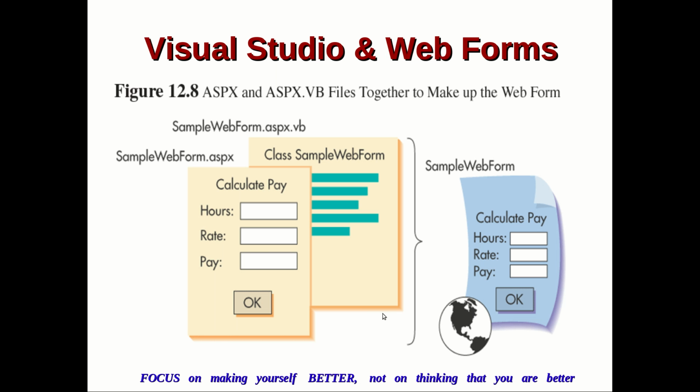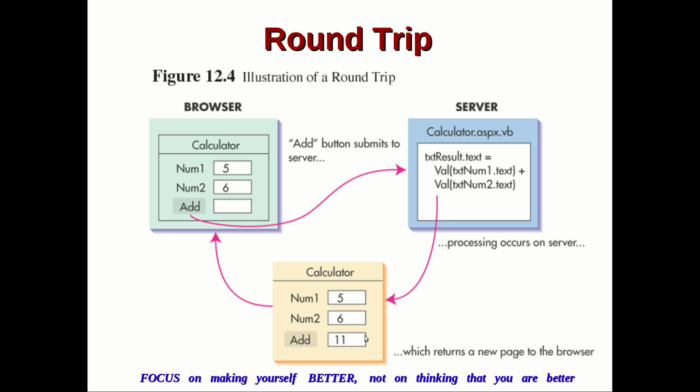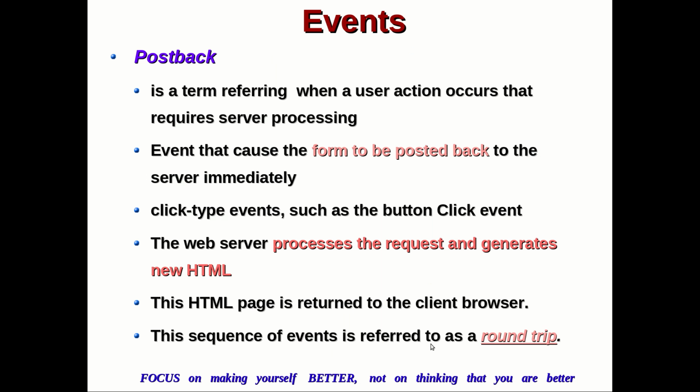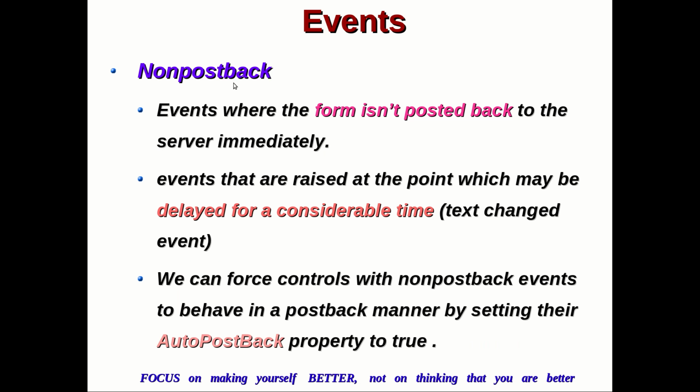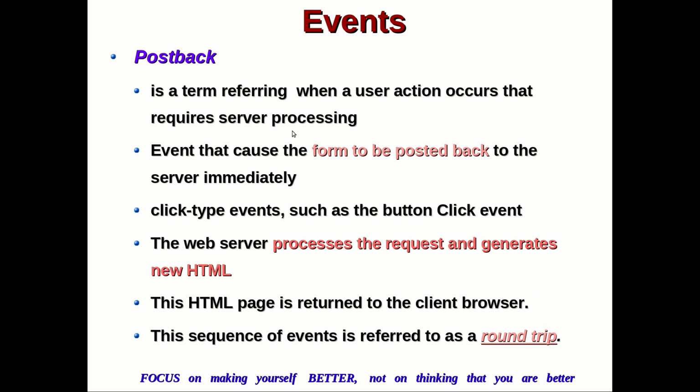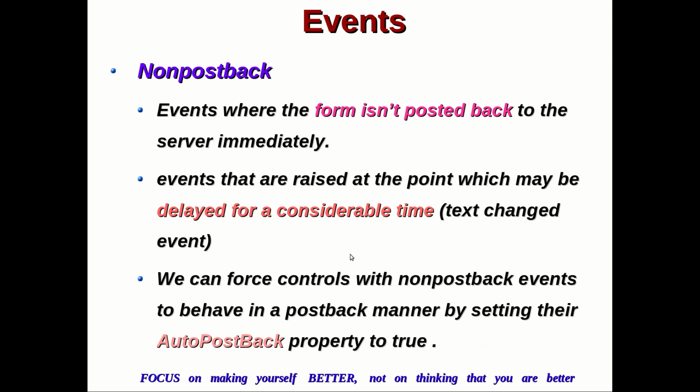We have already discussed what is a round trip with a particular example and how it gets executed, under which we have seen two different important events of a web form, which you call as postback event, and the other one is non-postback event. In the postback event, whichever event is immediately posted to the server for processing is what you call as the postback event, and the example we have seen is the button click event.